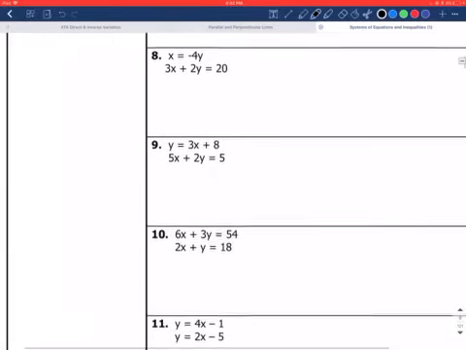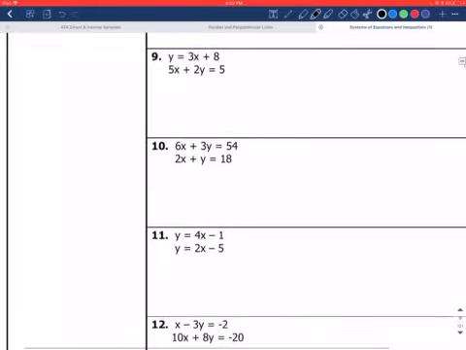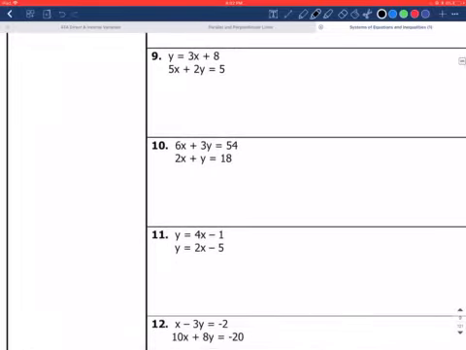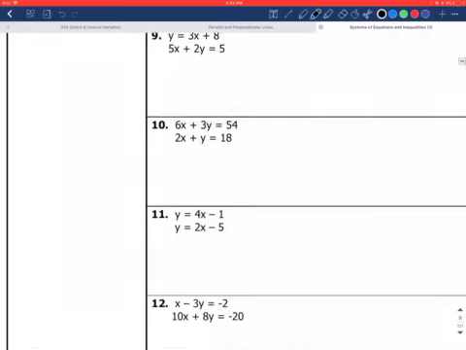Let's see here. I'll do 10 and 11 with you. So for number 10, you see that the thing that we should solve for is y, because it has a coefficient of 1. So that will be y equals negative 2x plus 18. We're going to take that negative 2x plus 18 and plug it in for y here.